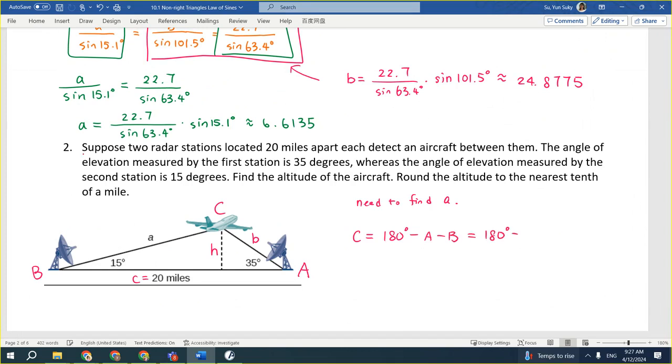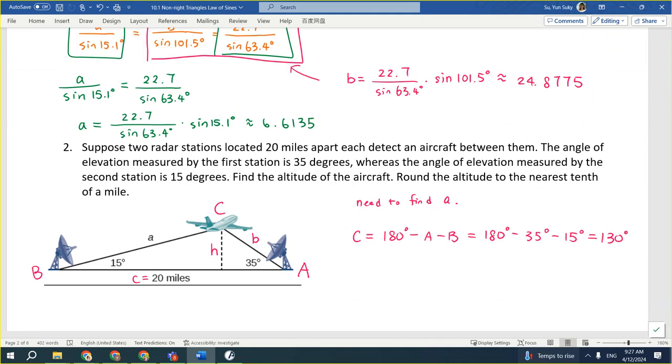What is angle A? 35. What is angle B? 15. Subtract them. What do you get? 130. Thank you. Okay.